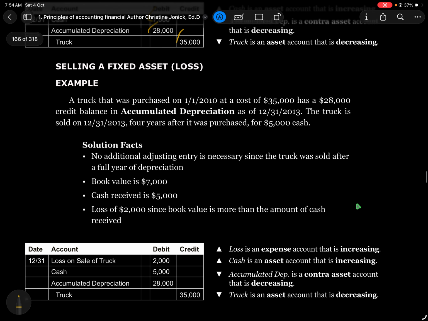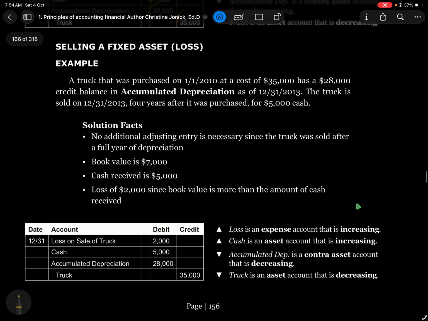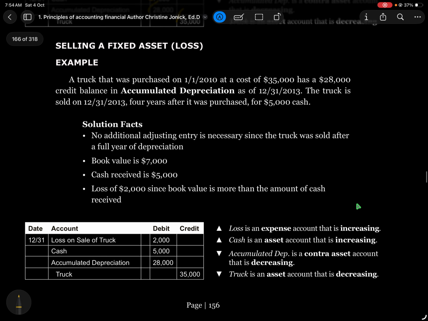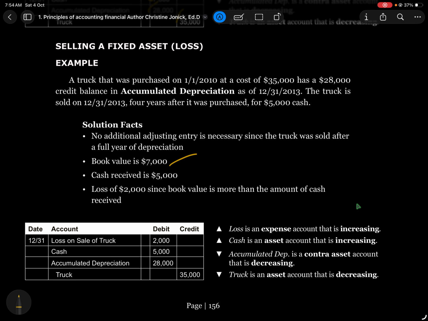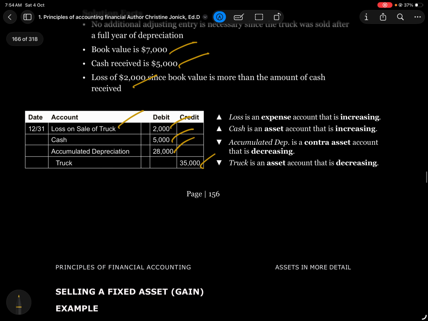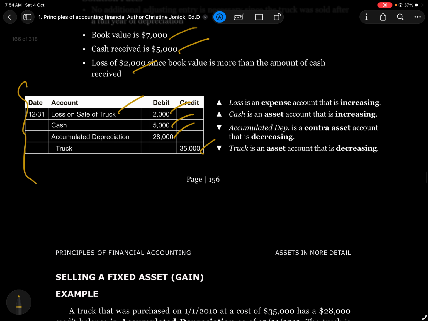If we are selling it at a loss, what would happen is that we have a book value of 7,000, we received 5,000, a loss of 2,000, right? So our loss would be 2,000, cash would be 5,000, accumulated depreciation would be 28,000, and truck, since we don't have that fixed asset because we sold it, we will credit it by 35,000. Okay, so this is what the entry will look like.